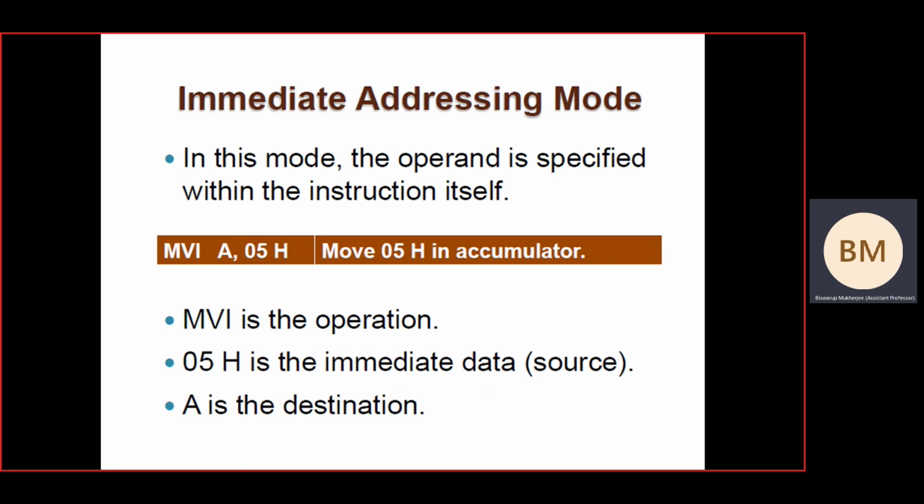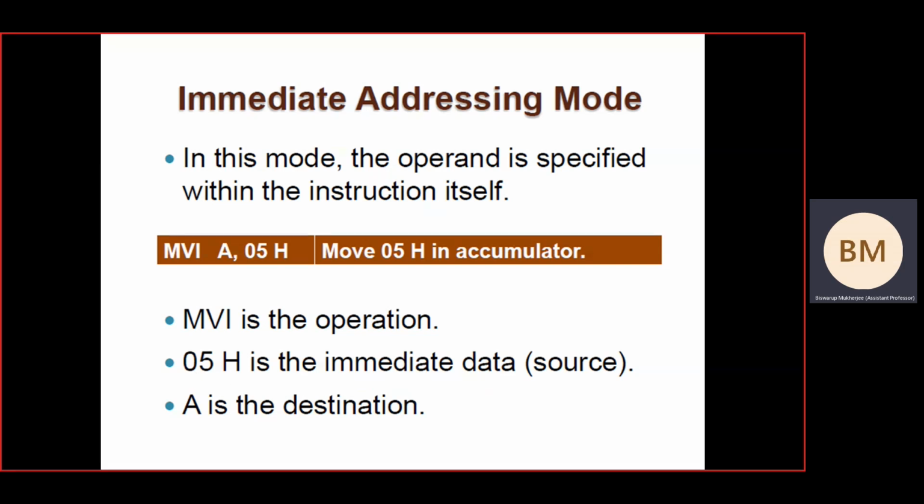So directly, immediately you are storing. That means in the accumulator, suppose you have provided the instruction MVI A, 05H. What does it mean? It means this particular data 05 is 8-bit data.